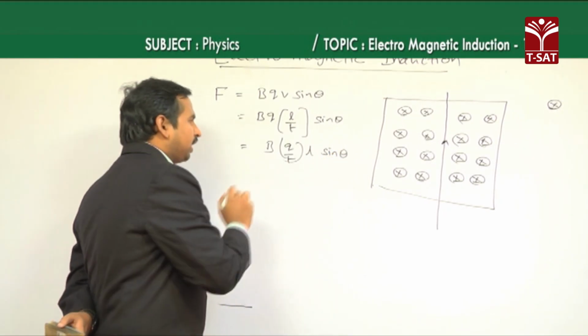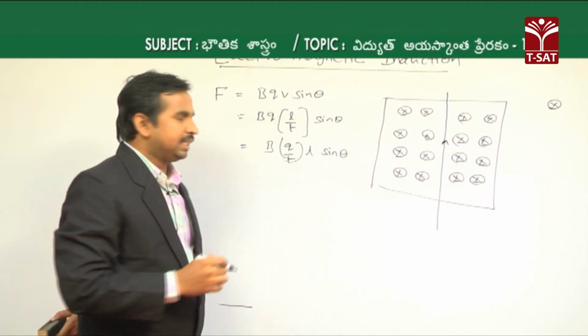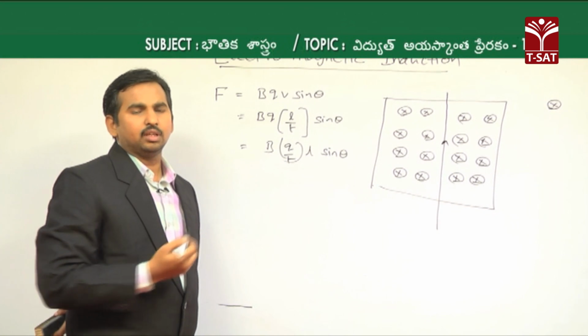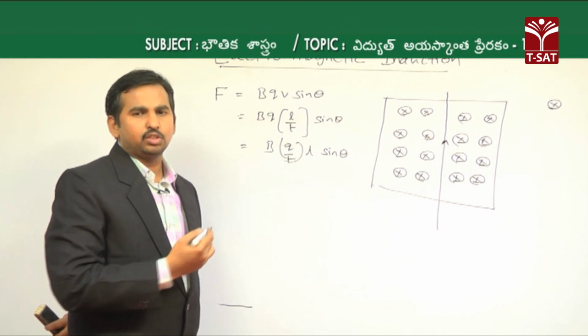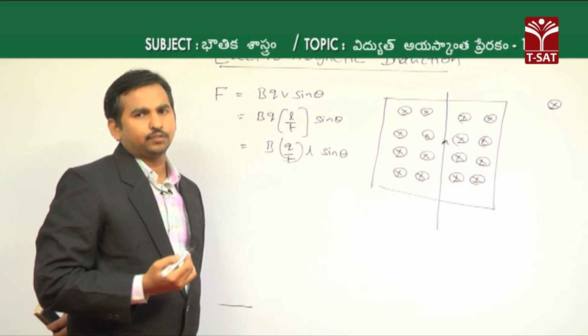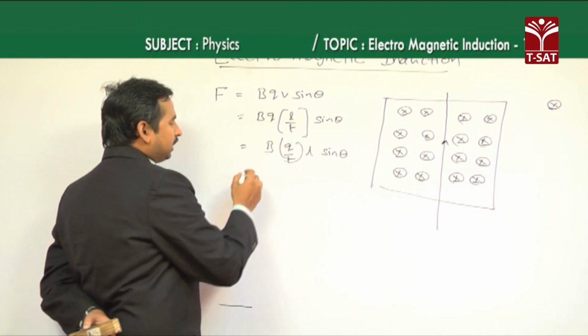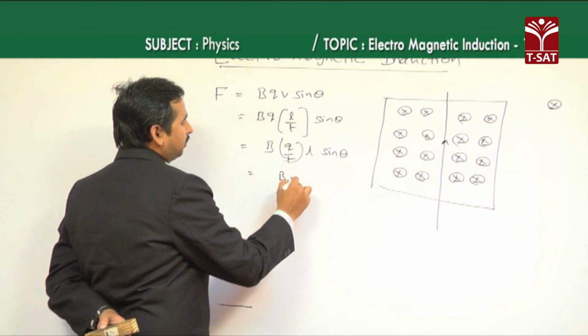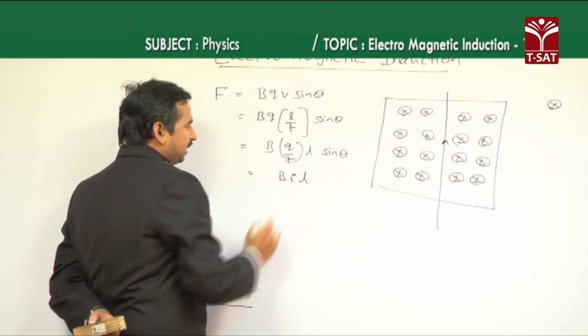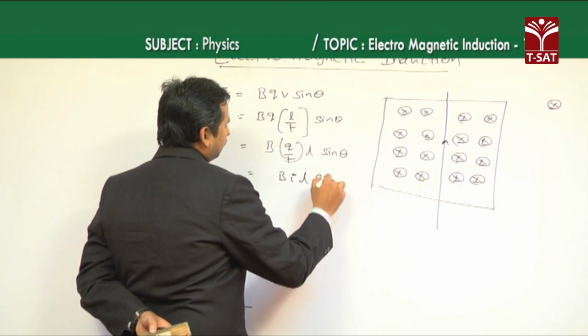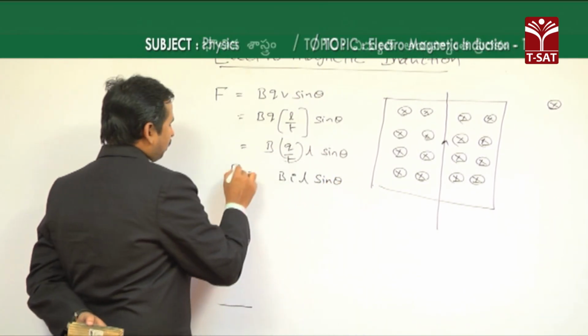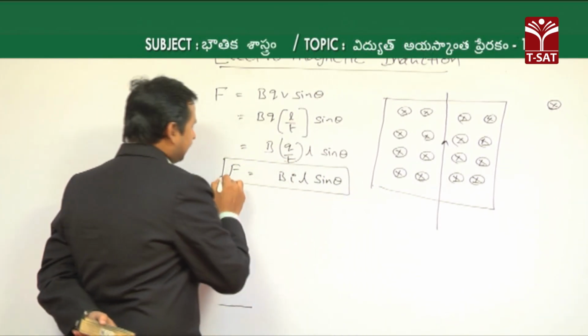Here Q by T is nothing but the charge flowing in the given time, which is called the rate of flow of charge. We know that is called electric current. So we can write this equation as BIL sin theta. F is equal to BIL sin theta.